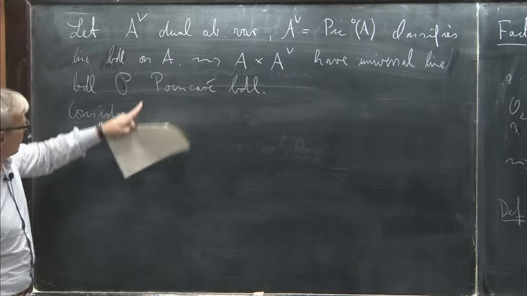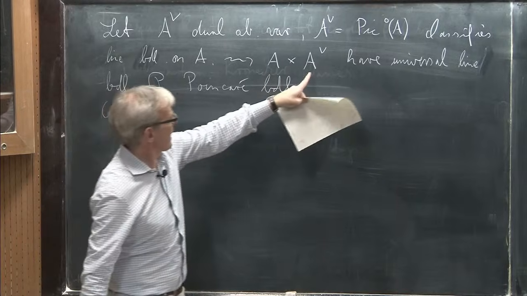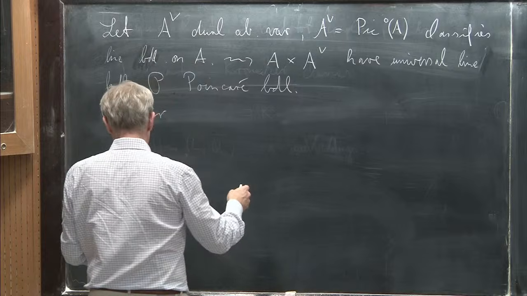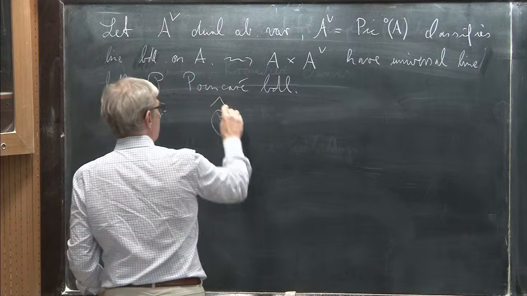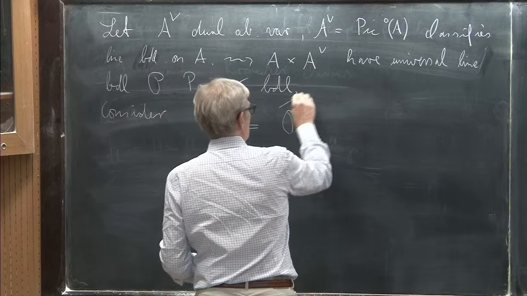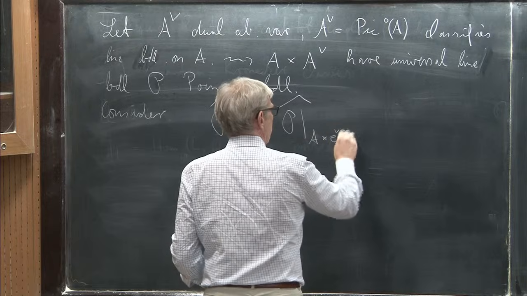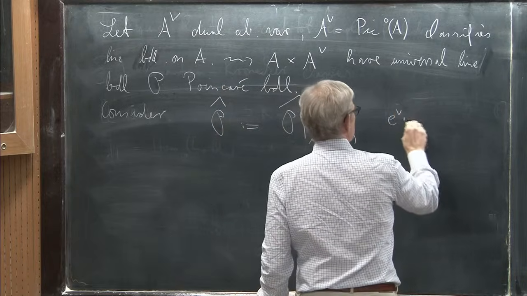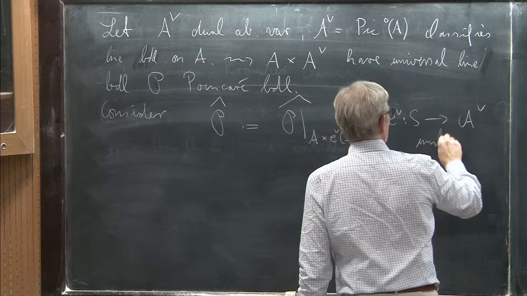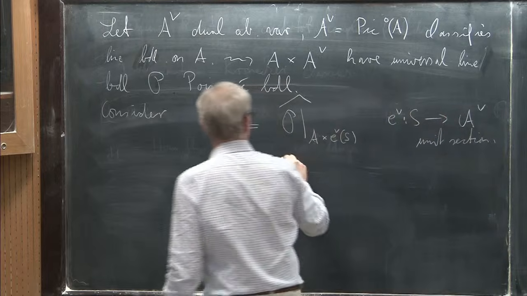We make it into a formal scheme by taking the completion along A times the unit section here. So consider P hat, and that is just the formal completion along A times e dual S. So this is the unit section of A dual.